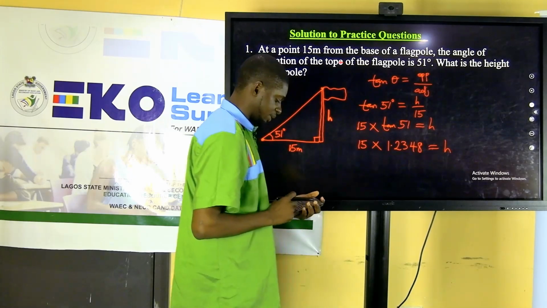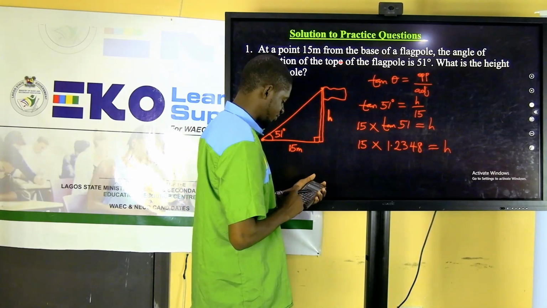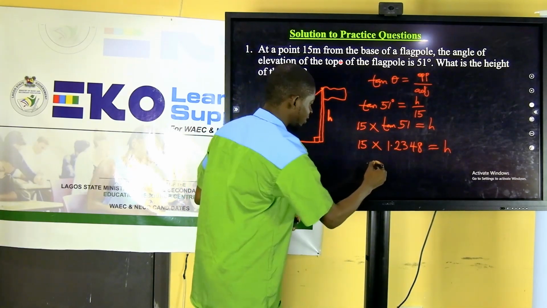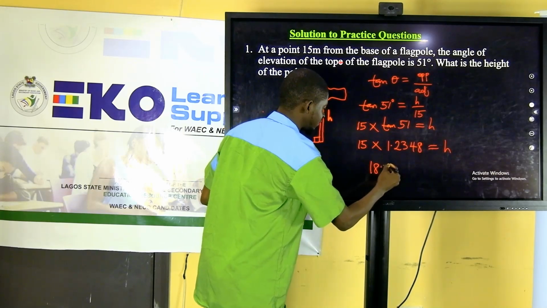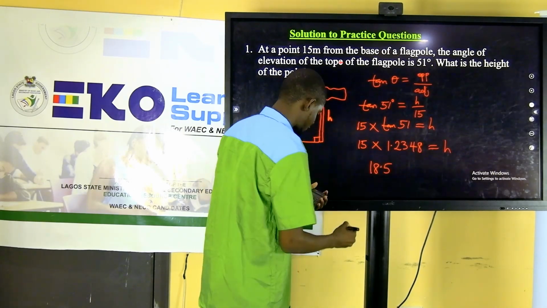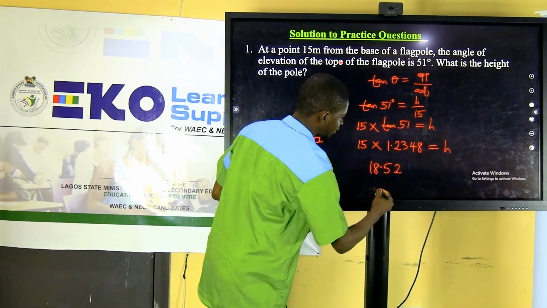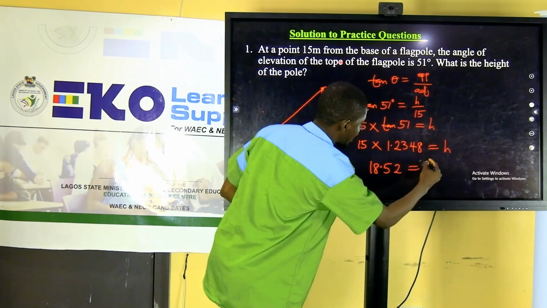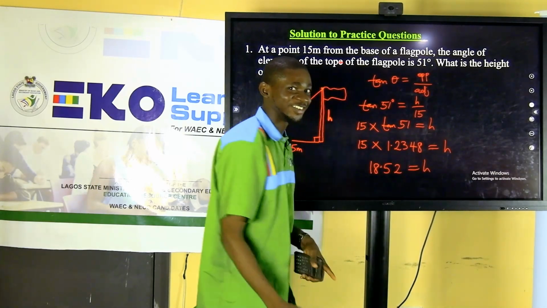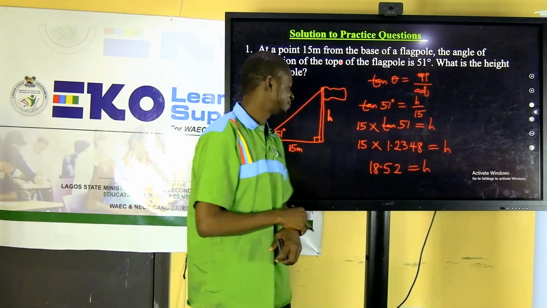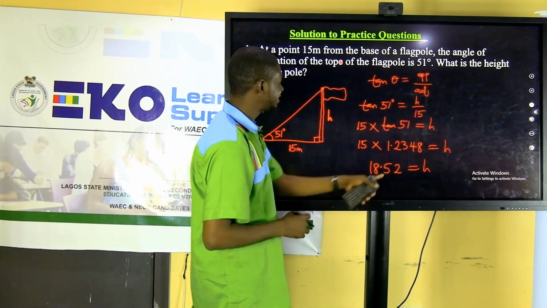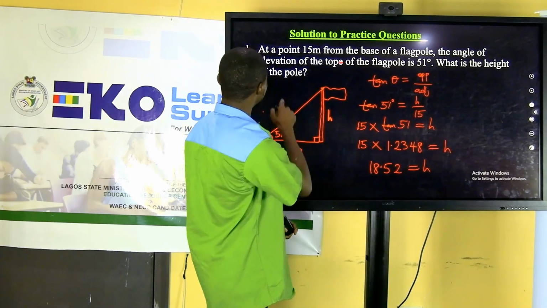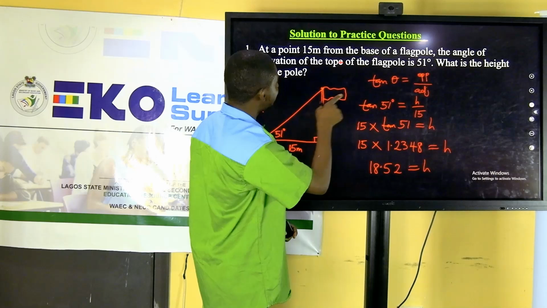Now let's multiply this by 15. 18.5. That's what I have. 18.52 equals the height of this. Oh, you're already happy. So we're on the same page. Now, that is the height of the flagpole. In what unit? In meters.